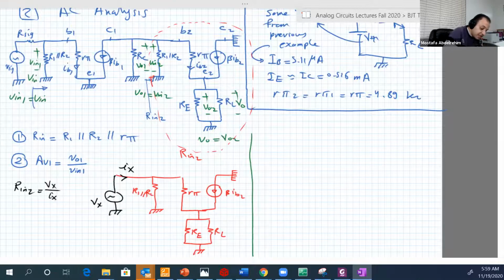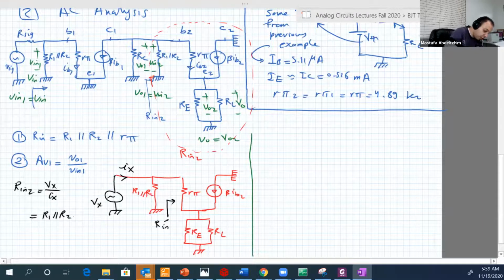So we can say that R input 2 equal to R1 parallel R2 parallel the resistance seen from these two terminals. Let's call it R input dash, between this one and the ground.